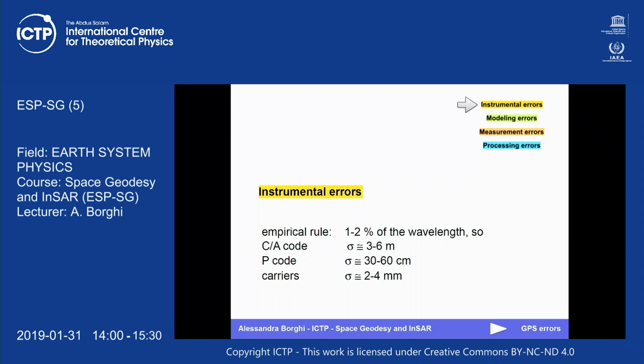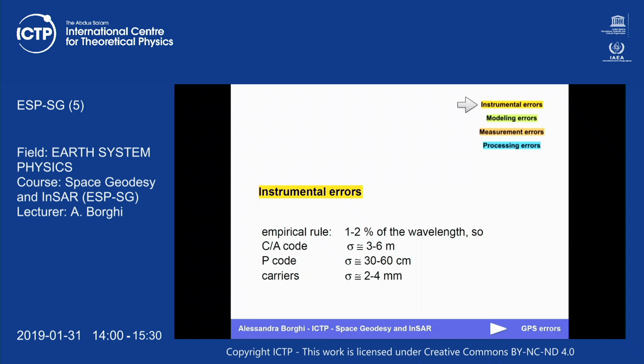So this is one of the reasons why we are using phase measurement, even if we have a problem with the definition of the initial ambiguity, the unknown number of integer cycles between the satellite and the receiver.